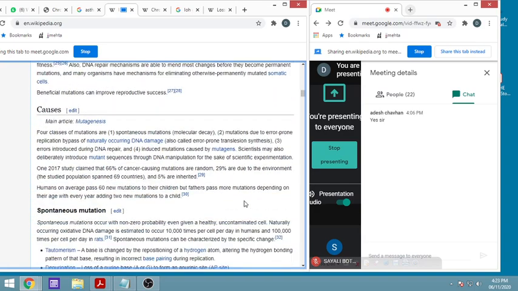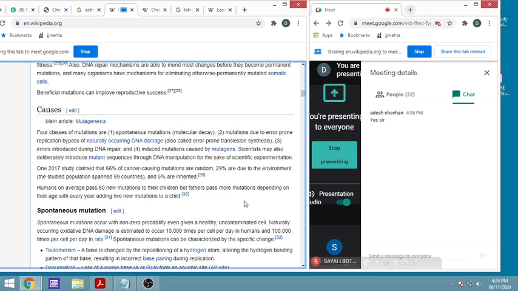Basically, why does mutation take place? Mutations can happen spontaneously because of molecular decay, or due to error-prone replication bypass of naturally occurring DNA damage. We have discussed earlier that we have a very nice DNA repair system, and we have so many checkpoints during the cell cycle.